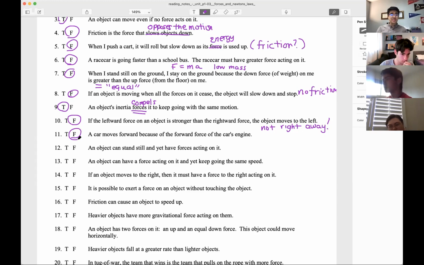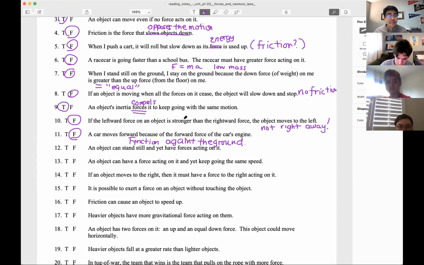I kind of remember it has something to do with the wheel. Something tangent to the wheel causes it to roll forward. Yes, you're right. The force of the friction on the wheels. The engine causes the wheels to turn, and the force of the friction against the ground, the tangential frictional force on the ground.